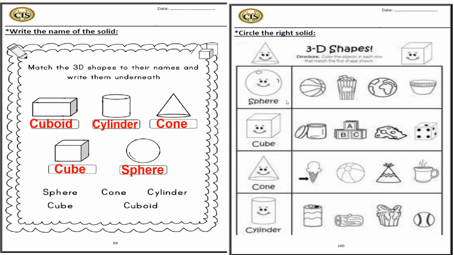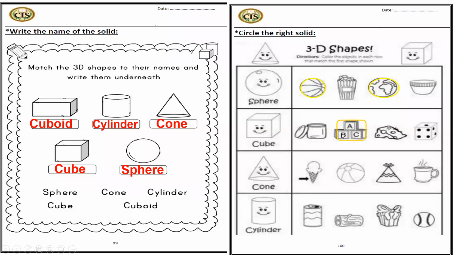Now let's circle the right solids. Here we have sphere. What is the shape? It looks like the sphere. Yes, excellent, Muhammad, very good. The ball. You can circle it. And the second shape: we have cube.